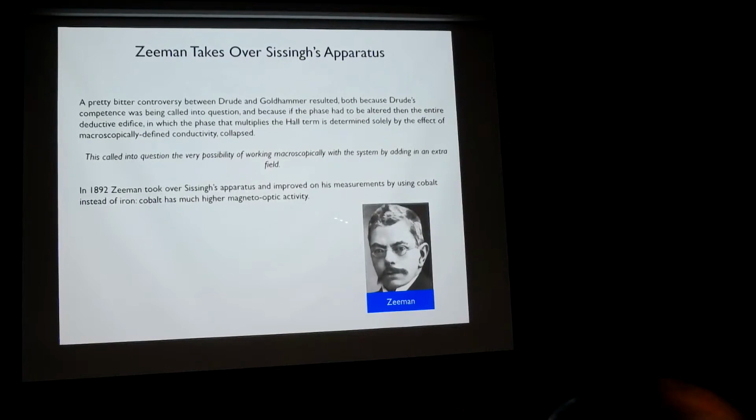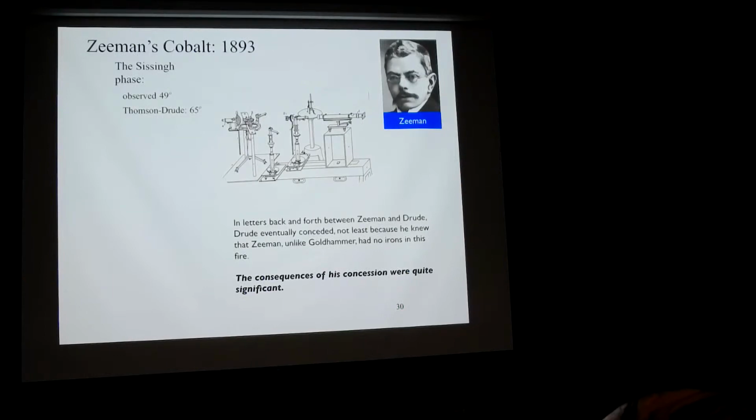1892, Zeeman, as I said, takes over Sissing's apparatus and replaces iron with cobalt. Cobalt is much more magneto-optically active than iron is, as it turns out. And what happened as a result? Using cobalt, knowing the values of the usual complex index of refraction for cobalt, which had been well measured by this time, you find huge differences.